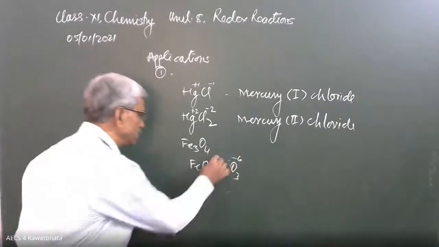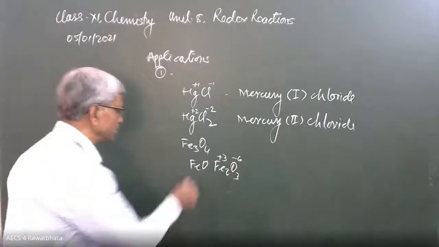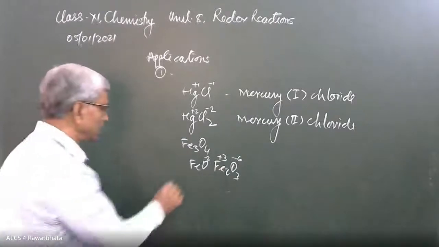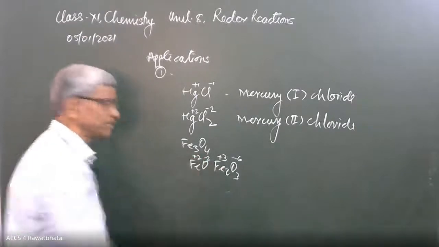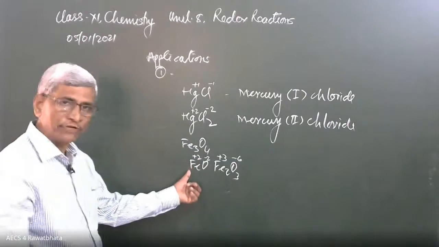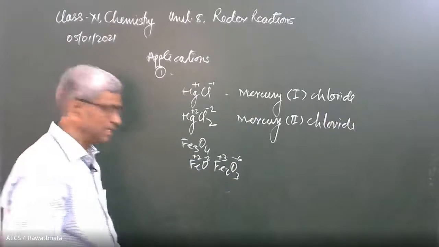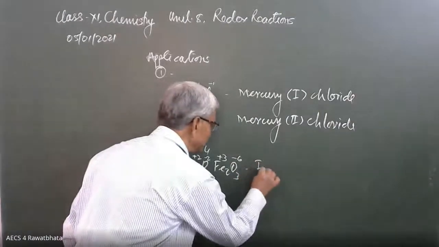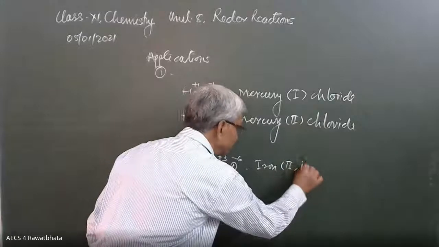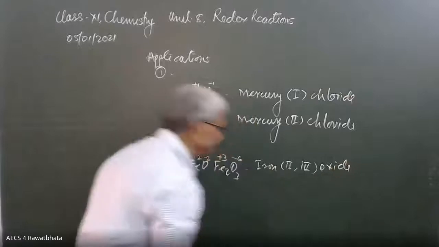That's why each contribution is +3. Here, oxygen oxidation state is -2, only one oxygen, it is oxide only, and iron oxidation state is +2. So in this compound, iron is in two different oxidation states, +2 and +3. This is named iron(II,III) oxide.